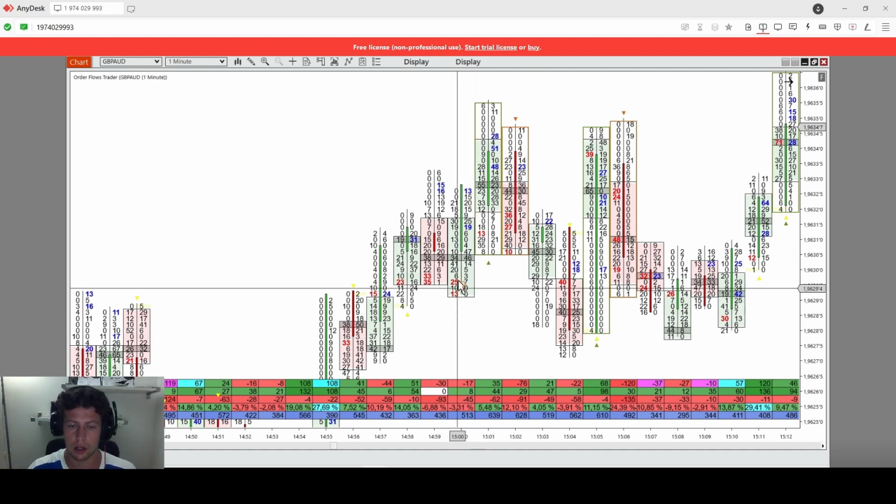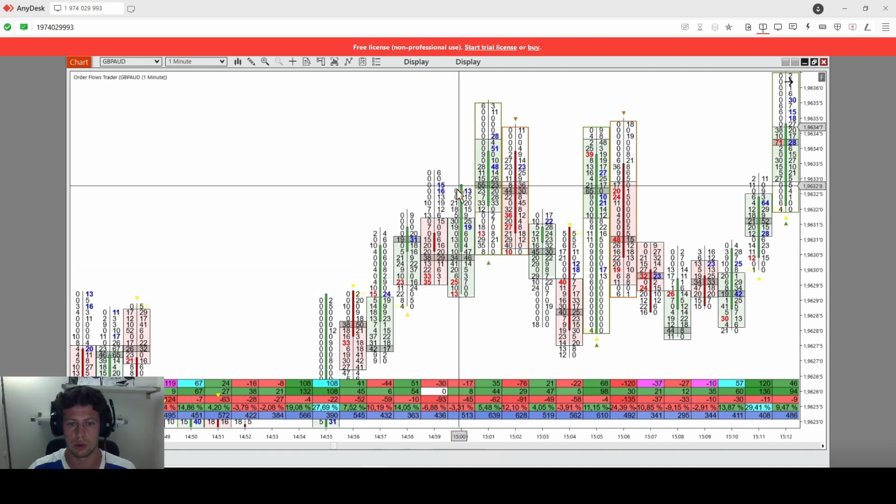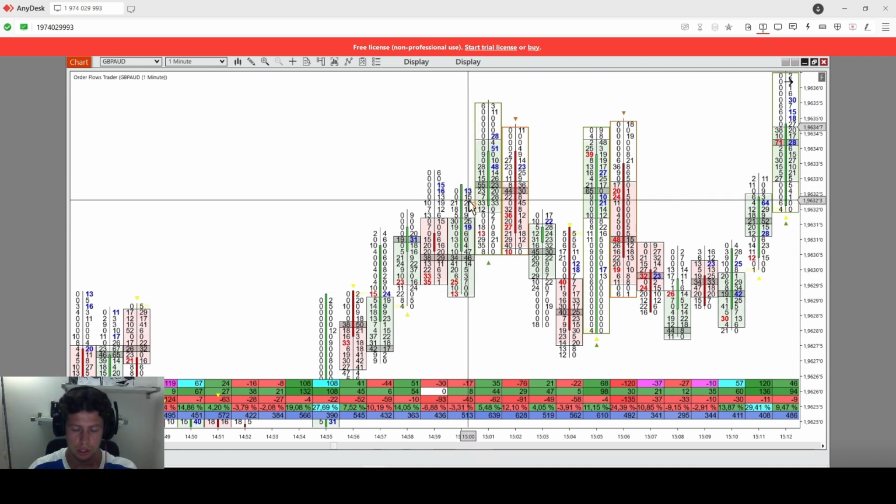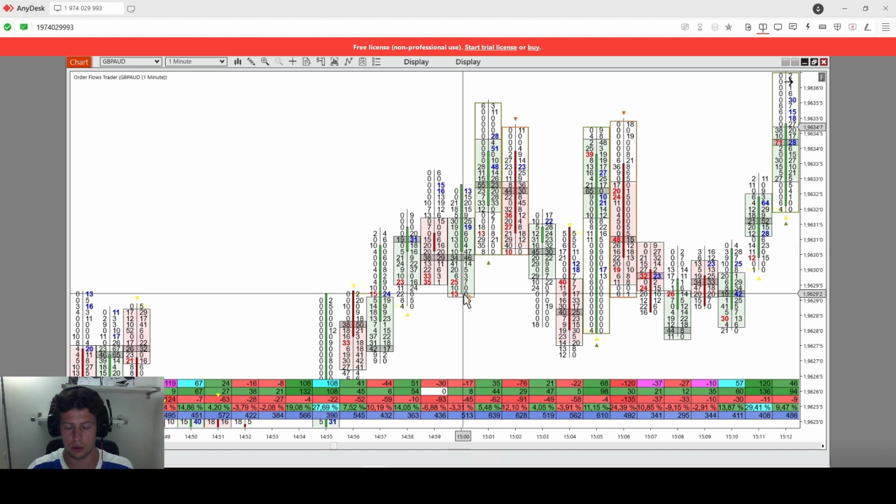So we ended at this green bullish candle. On TradingView it's minus 1 minute, so you can see at the time it's 3 o'clock.